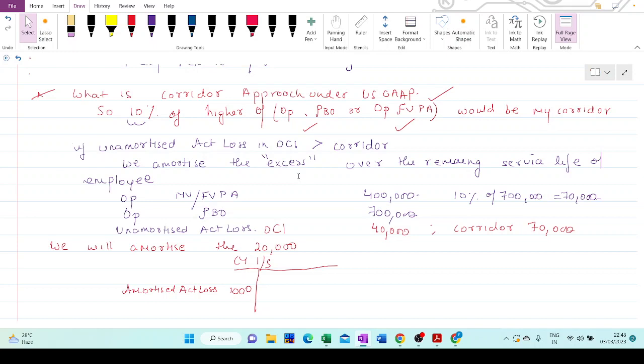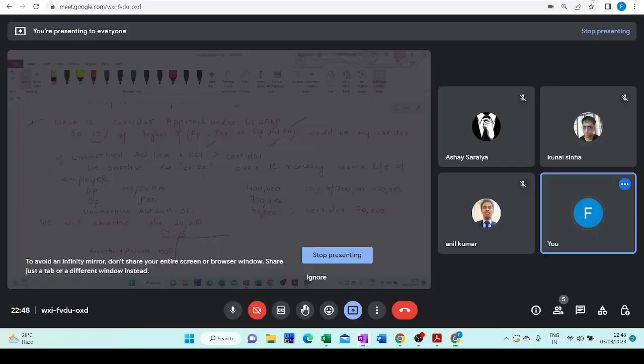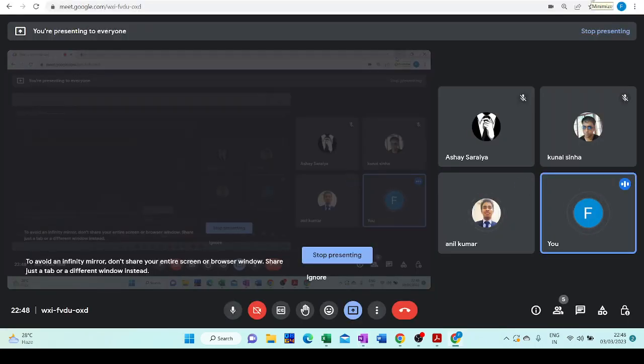However, if the actuarial loss is less than the corridor, then it's okay. My actuarial losses are not that big. There's no need to amortize them in the income statement. ठीक है ना अनिल? So it's the standard approach, right? Good, sir. It's the rule that the US GAAP has prescribed.